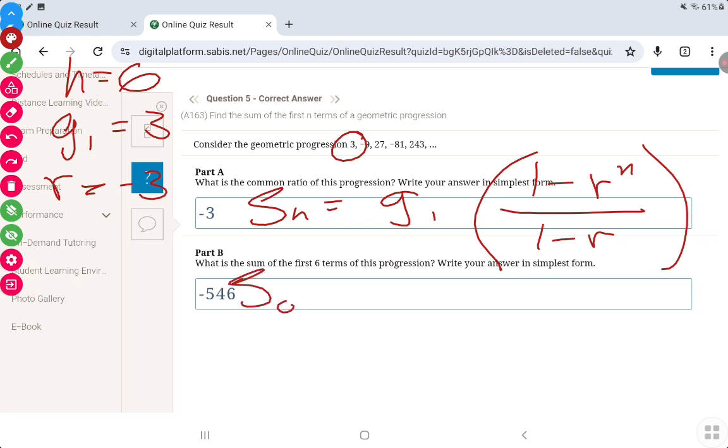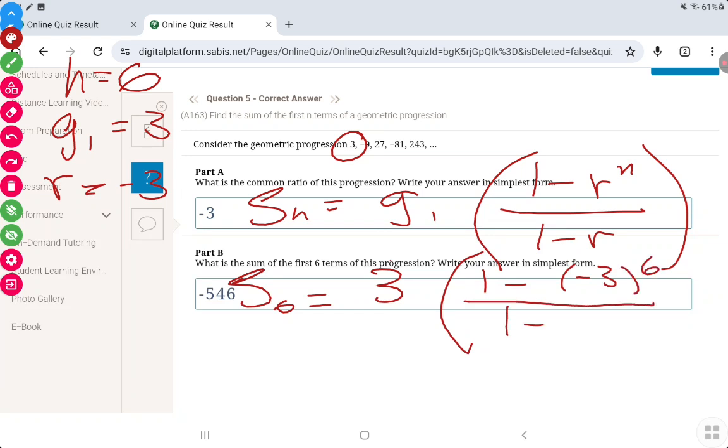So S, the sum of 6 terms, is equal to g1, which is 3, times (1 minus the ratio, which is -3, to the power of n, which is 6) over (1 minus -3). So put what's in the brackets into the calculator.